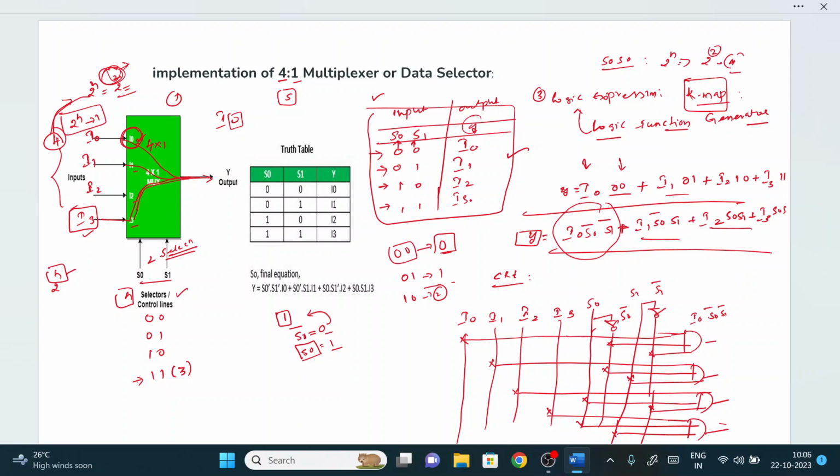Finally, if you observe here, these are multiple product terms, but the final output should be only a single output. So we need to perform the addition operation. Plus means we use the OR logic gate, so finally you get the single output value. This is how we design the 4 to 1 multiplexer operation. Thank you.